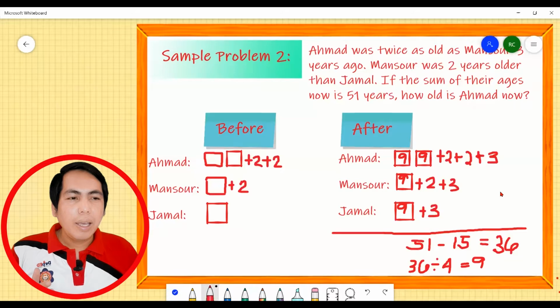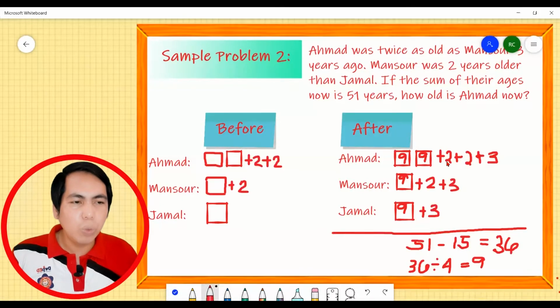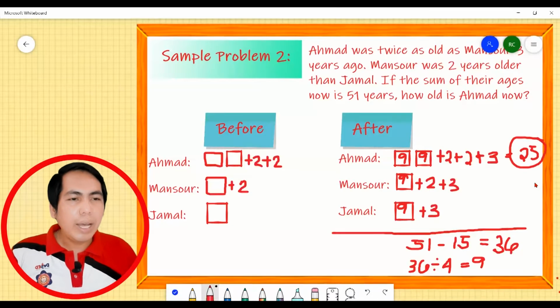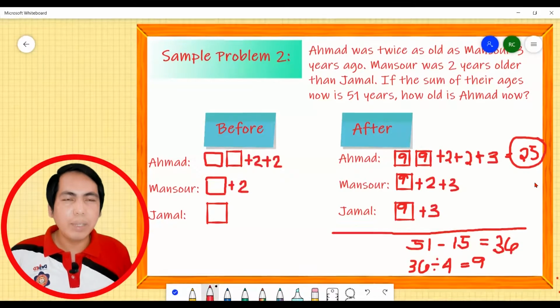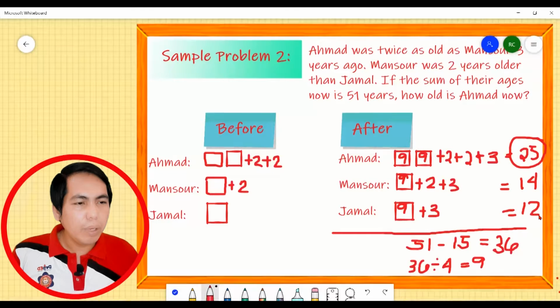So Ahmad's age is simply the sum of 9 plus 9 is 18 plus 2 is 20 plus 2 is 22 plus 3 is 25 years old. So in other words, Ahmad is 25 years old now, while Mansur is 14 and Jamal is 12 years old.